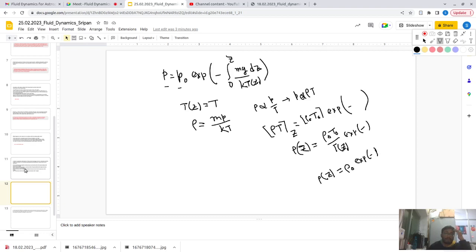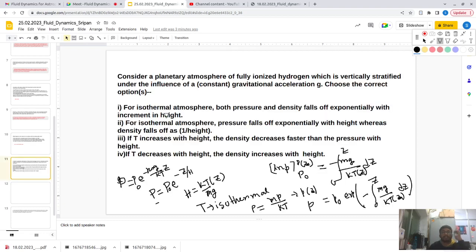Now the first option is, for an isothermal atmosphere, both pressure and density fall off exponentially with increase in height. This is correct, because for isothermal we don't have T naught by T(z). The second is, for an isothermal atmosphere, pressure falls off exponentially with height, whereas density falls off as 1 by height.